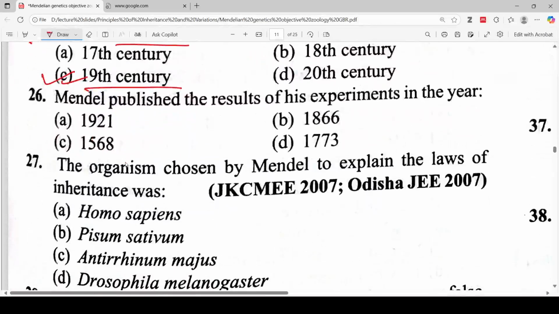Next question, Mendel published the result of his experiment in the year 1866. So it is in the 19th century.